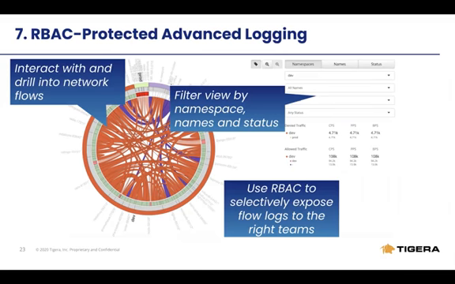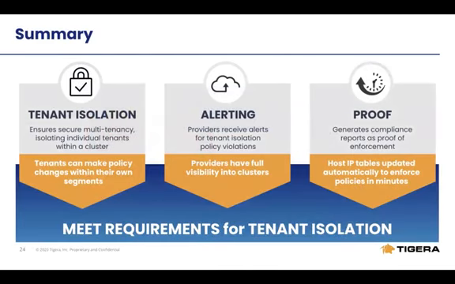So that's really critical for this visibility and troubleshooting tool that we provide out of the box for those tenants. As a summary, to meet requirements for tenant isolation, you want to make sure that there's true tenant isolation from a networking perspective, using network policies and different egress and ingress access controls to define the network data plane.